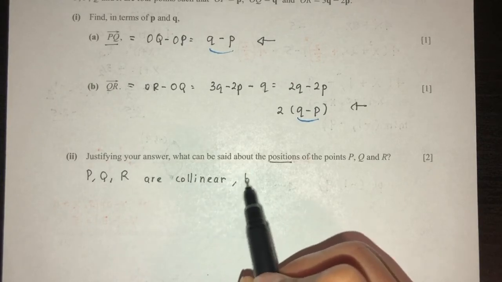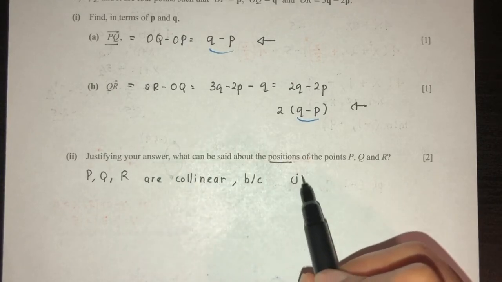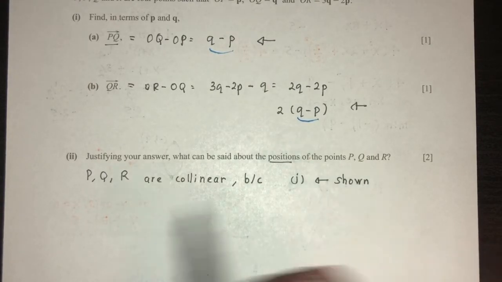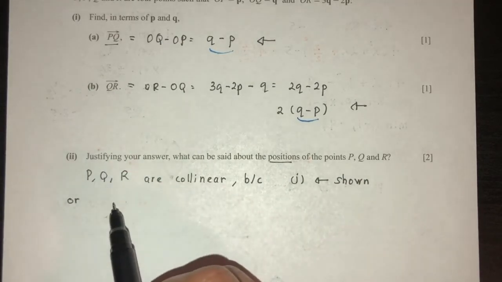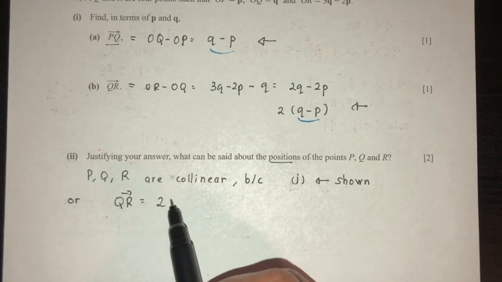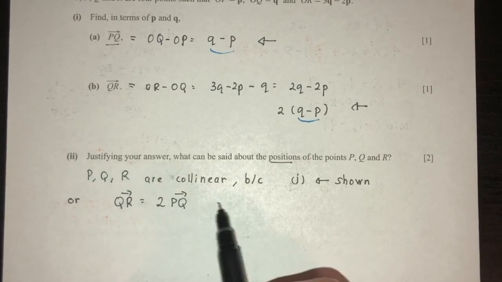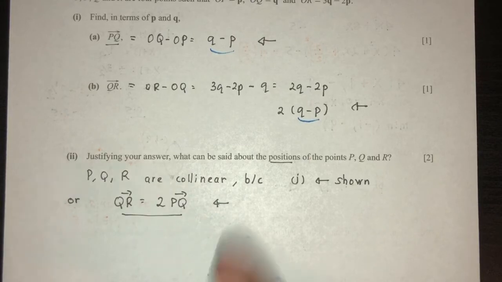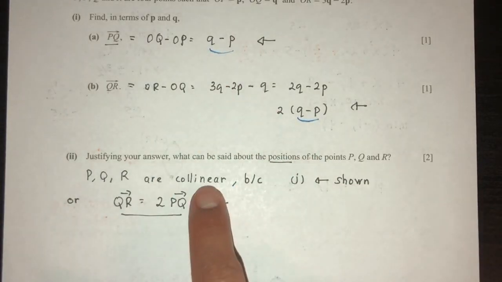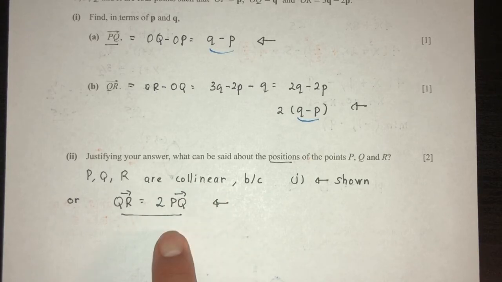And because you can point to part 1, we have shown in part 1, or you can mention the ratio, so basically QR is 2 times PQ. That is one way of showing that as well. So that is the conclusion, and this is the reason why you think that is true.